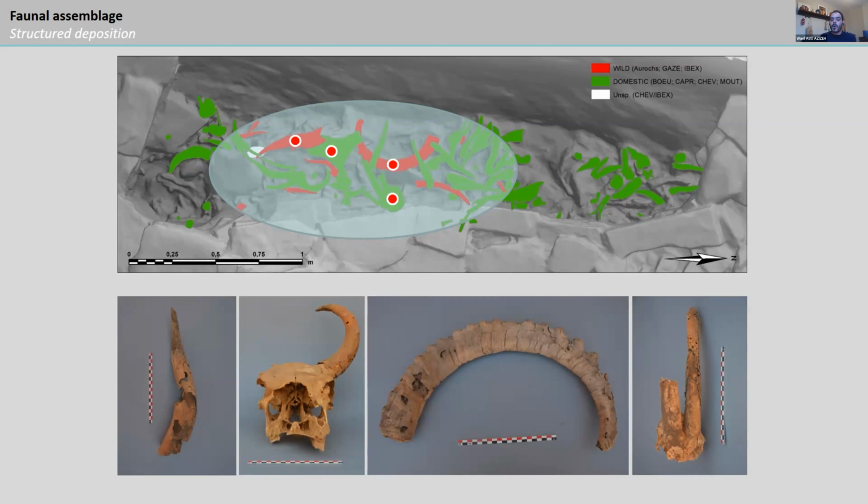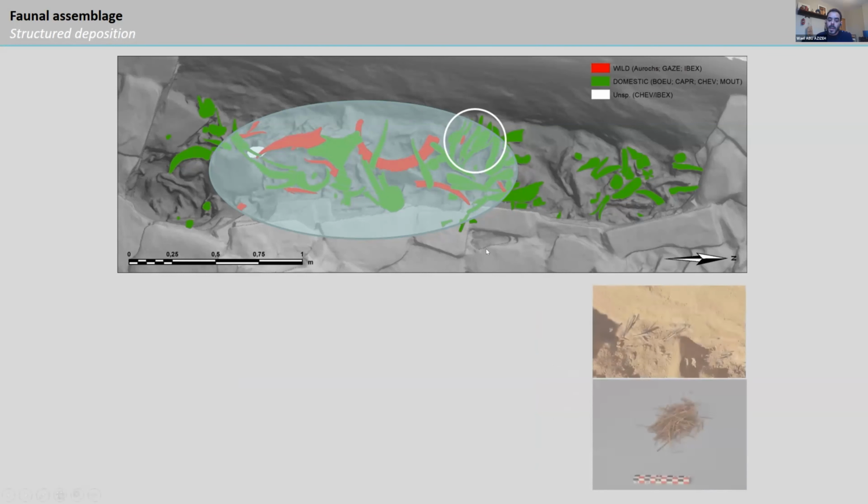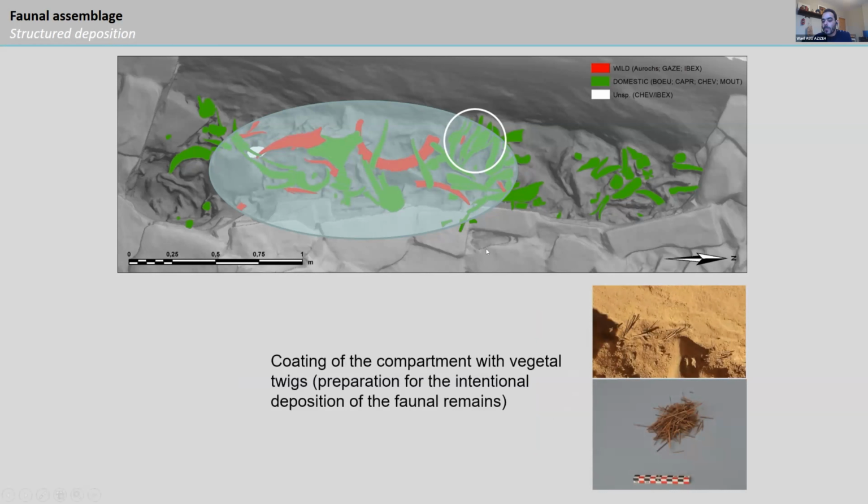Some details also point to some form of organization. This is the case of a compact group of goat horns, which suggests they have been deposited as a single bundle of items, most likely by the same person. And finally, it appeared that the bedrock at the base of the compartment was covered with vegetal twigs.